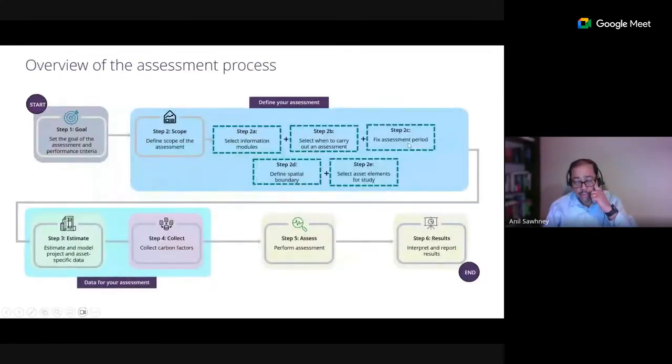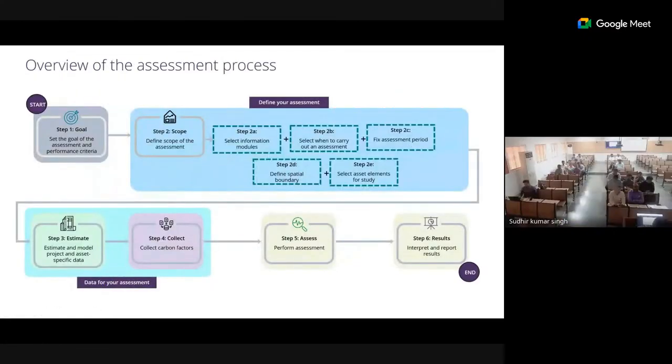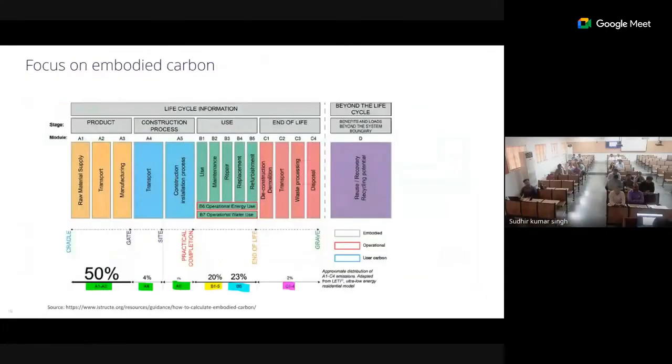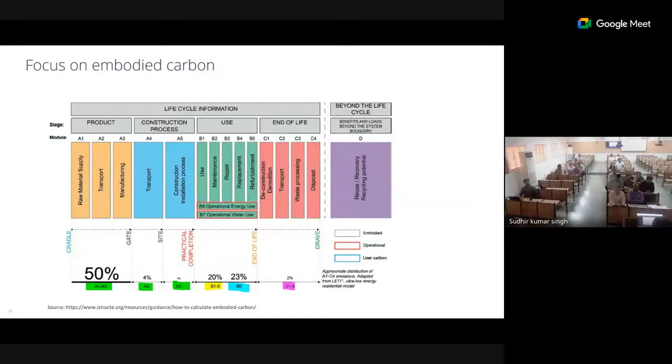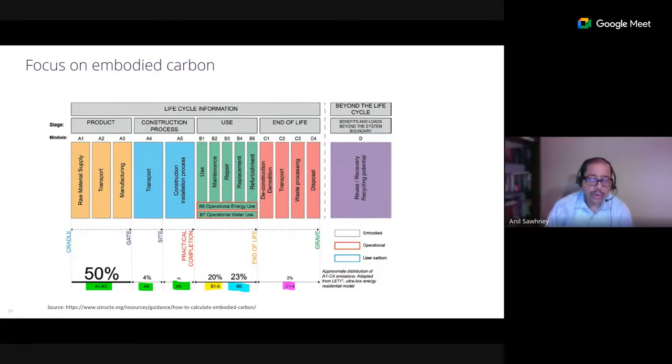Sir, small doubt here. In the last slide, A5, how are we going to quantify that? A5 is all your emissions from equipment. Let's say you're running a diesel generator on site. You're running a site office that is connected to temporary electric and water.